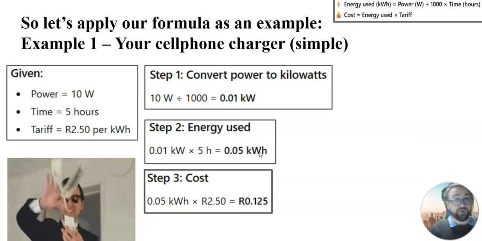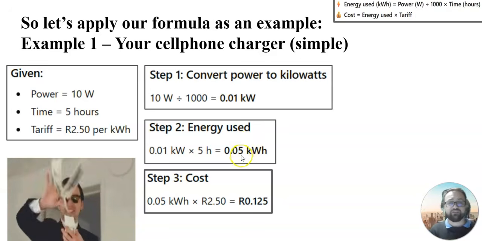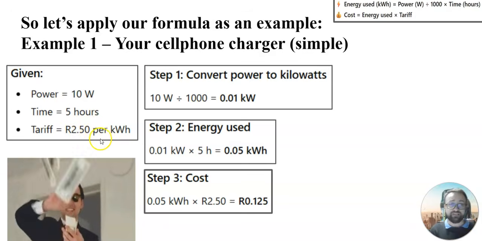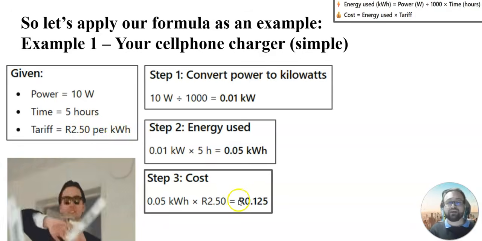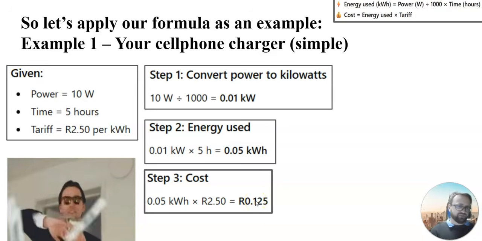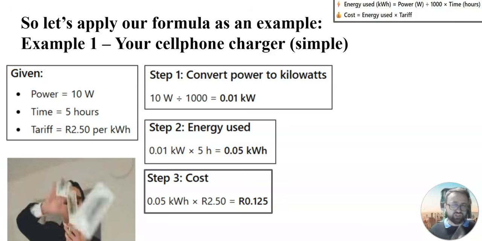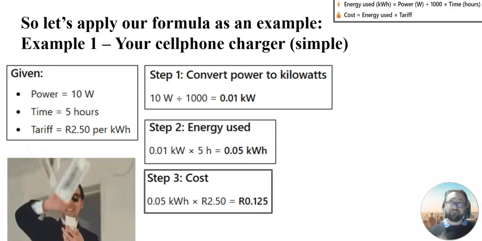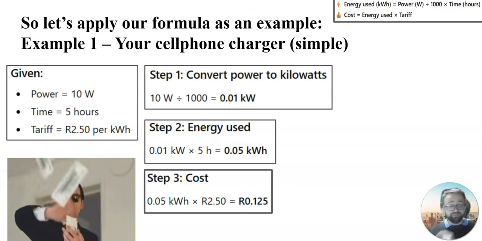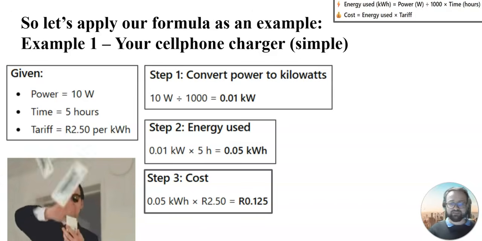Then our last step is the cost: 0.05 kilowatt hours at a rate of 2 Rand 50 equals only 0.125. After following all of the steps, we can clearly see that charging your phone for just 5 hours costs only around 12 cents. So your phone is not the thing making the electricity expensive.